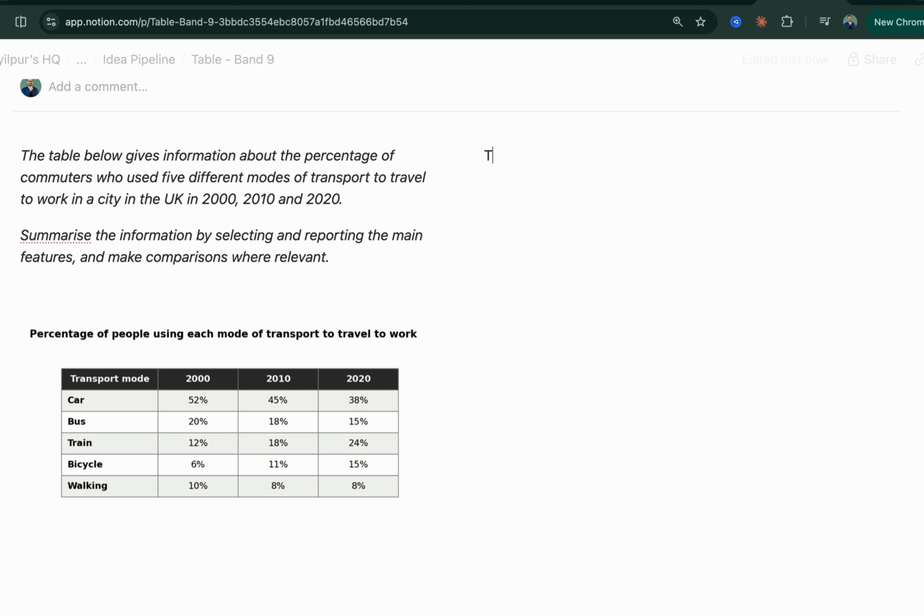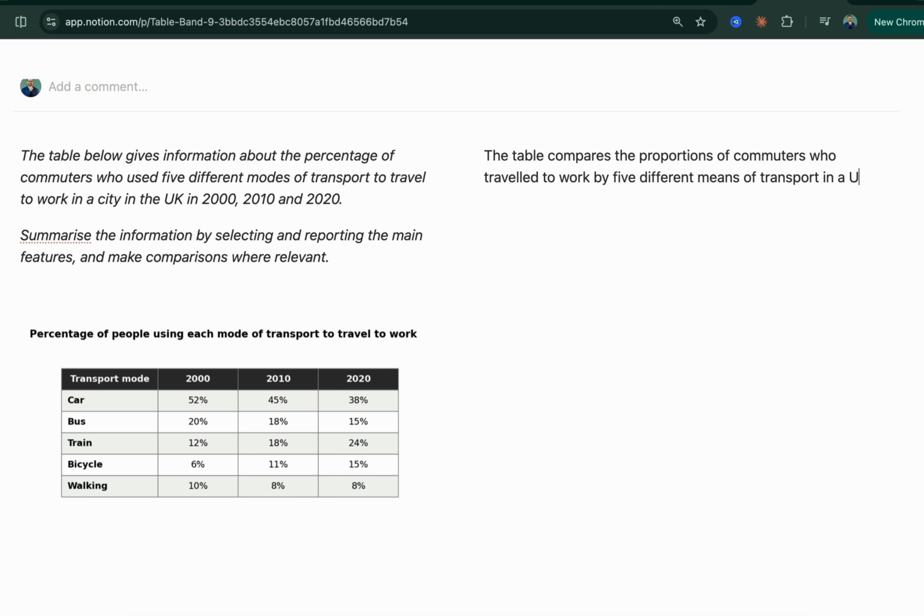And it's going to be: the table compares the proportions of commuters who traveled to work by 5 different means of transport in a UK city in the years 2000, 2010, and 2020.